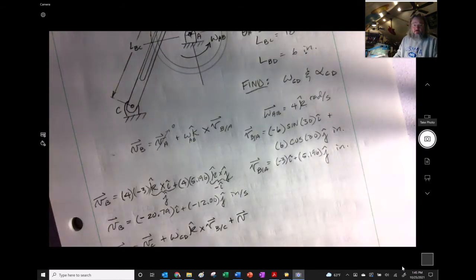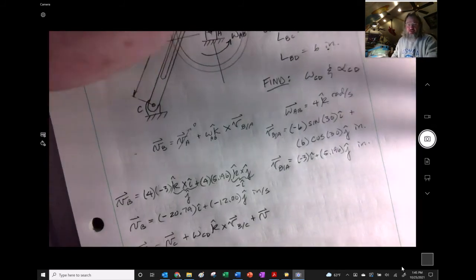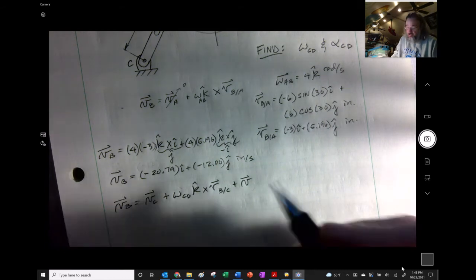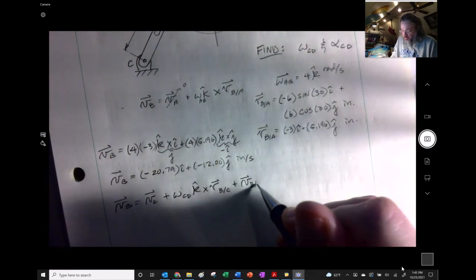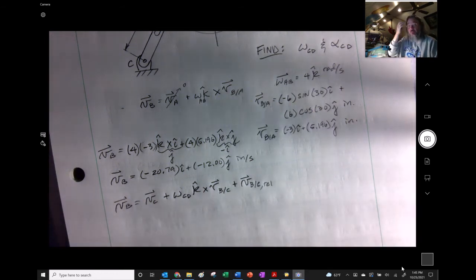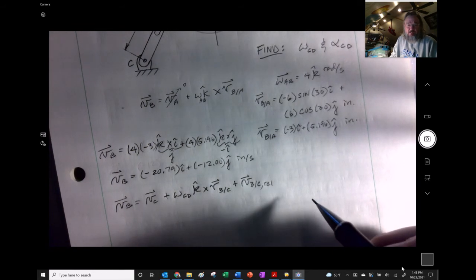Okay, so I'm going to use my own personal preferred convention for writing this right here. So now I'm going to say that it's going to be V_B with respect to C, rel. Okay, so that's how I decided to solve this naming type of thing.